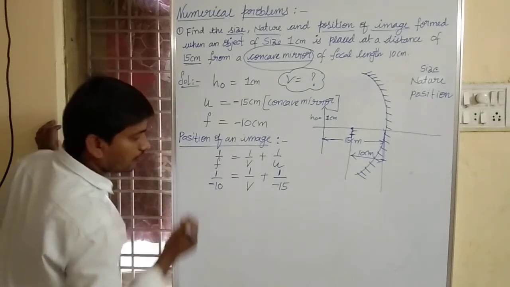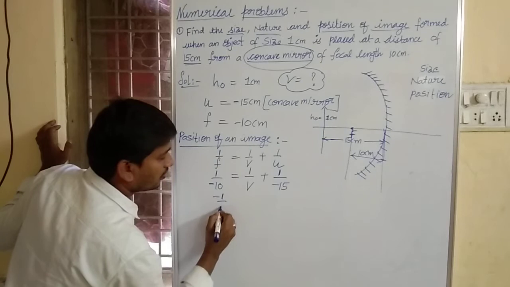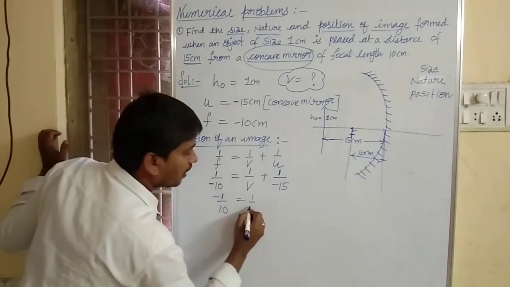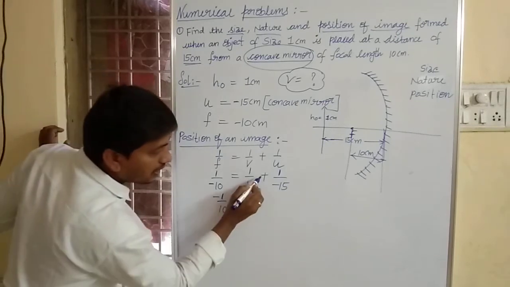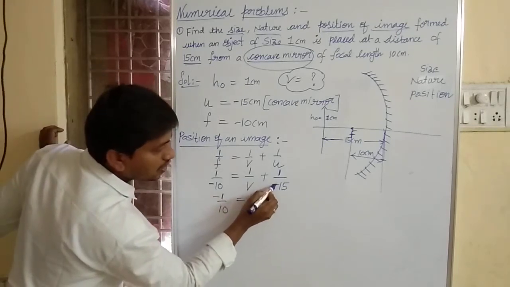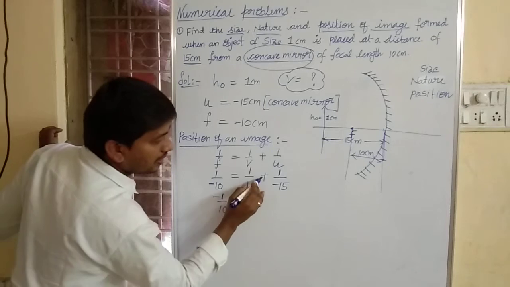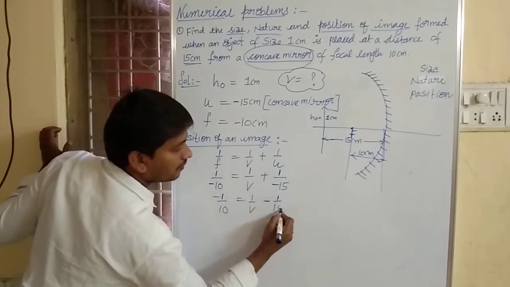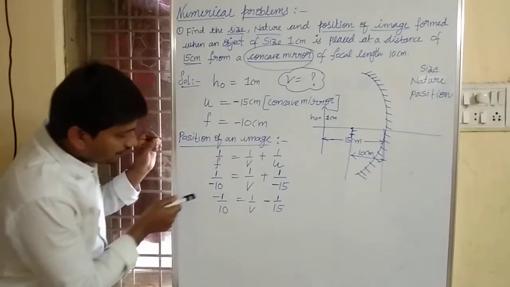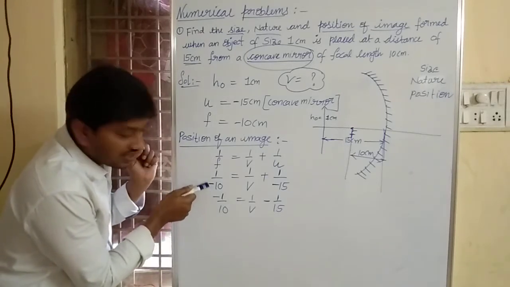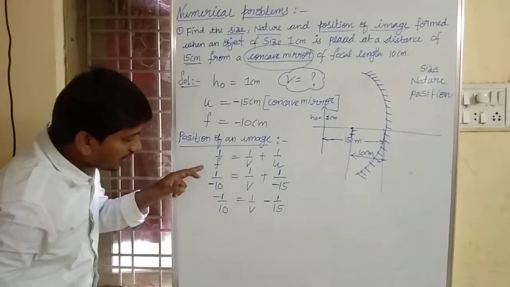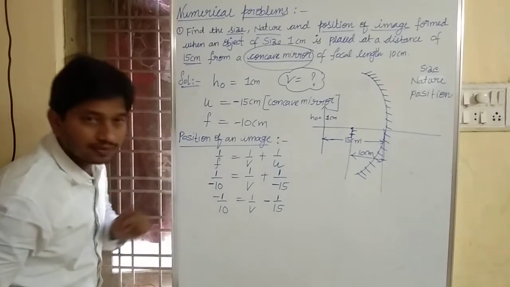This minus 10 automatically you can write for the numerator, that is minus 1 by 10 equal to 1 by v. You can observe here, this minus I can also write for the numerator, then plus into minus 1 by 15. Is it clear? This minus 10 which is in the denominator, I can write for the numerator, so it becomes minus 1 by 10.